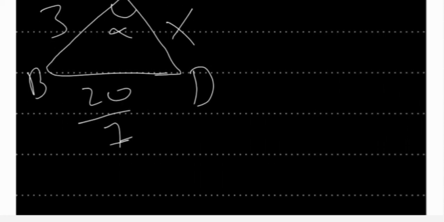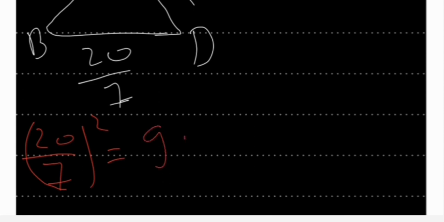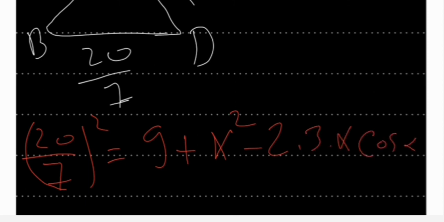So we can use the cosine theorem. The opposite side squared, 20 divided by 7 squared, is equal to 3 squared, 9, plus x squared minus 2 multiplied by 3 multiplied by x multiplied by cosine of alpha, okay?